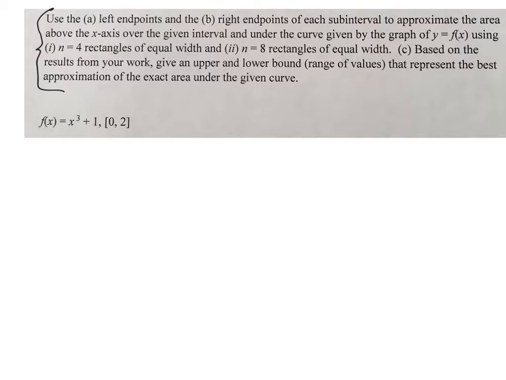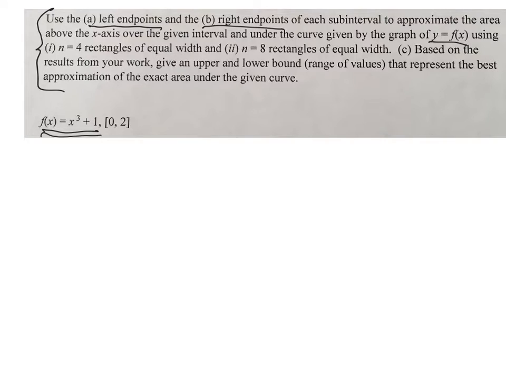But this will be the key part. It says use part A, left endpoints, and part B, right endpoints, of each subinterval to approximate the area above the x-axis over the given interval and under the curve given by the graph of y equals f of x.